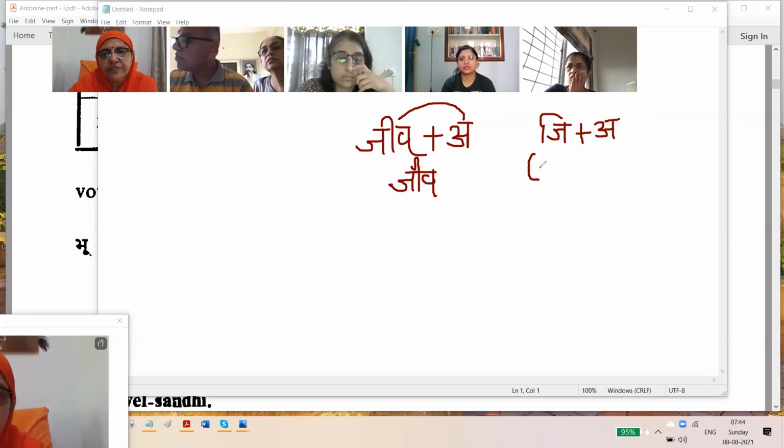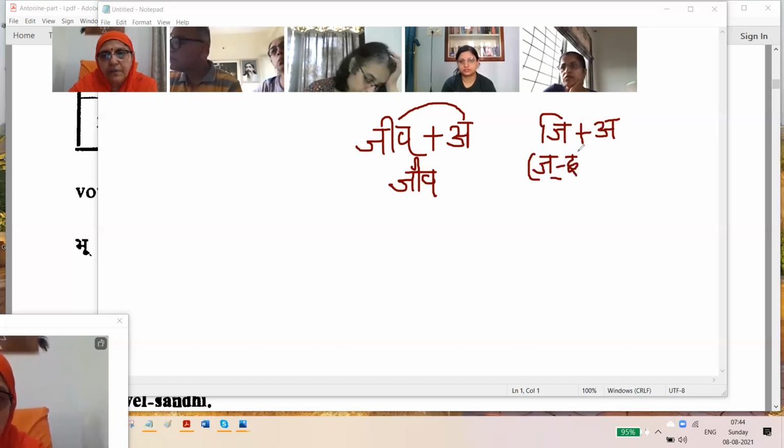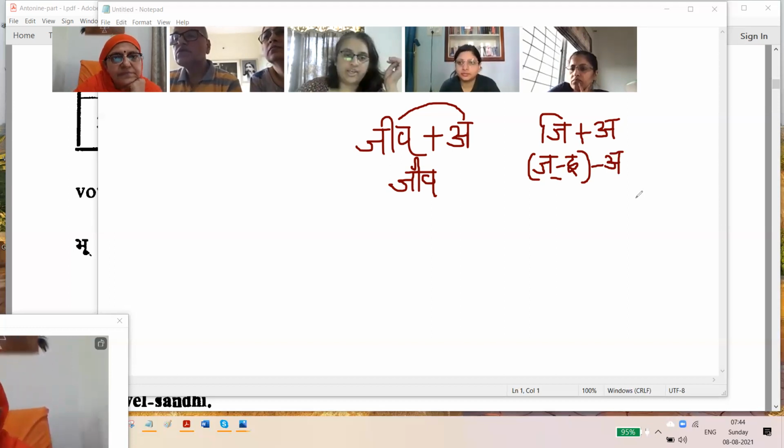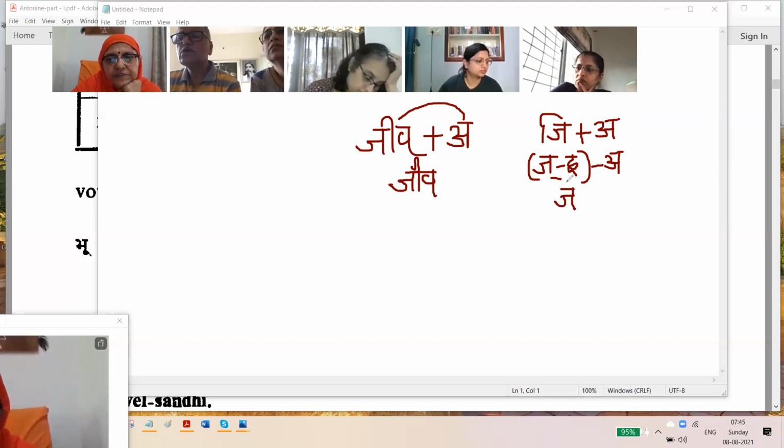So we have to write half J plus I, short I. So it will become Je. How can it become Je? This A can cause the guna of a last vowel. Ji becomes Je, J plus E.